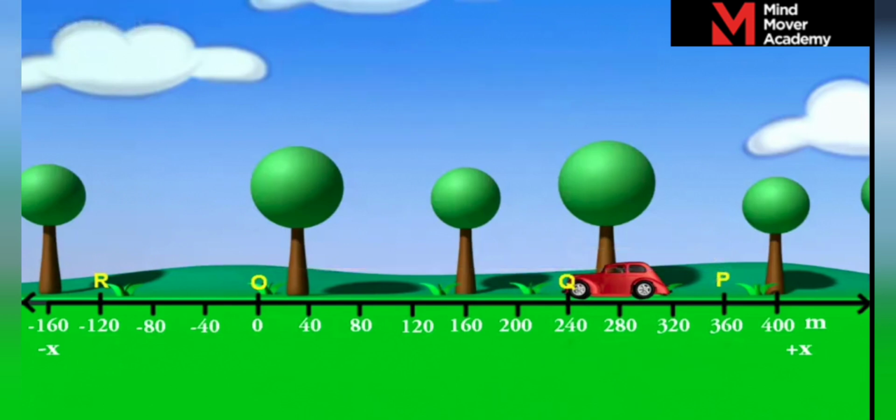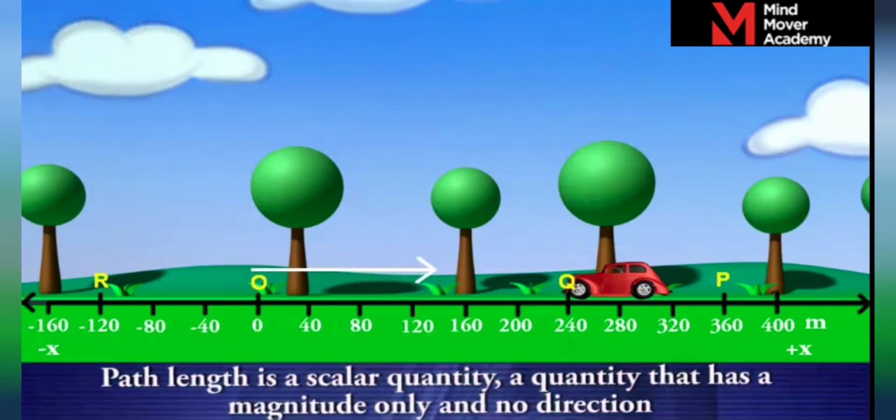It is very important to understand that path length is a scalar quantity that has magnitude only and no direction.